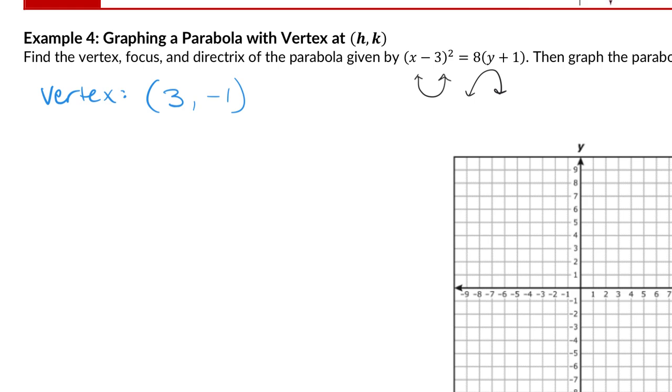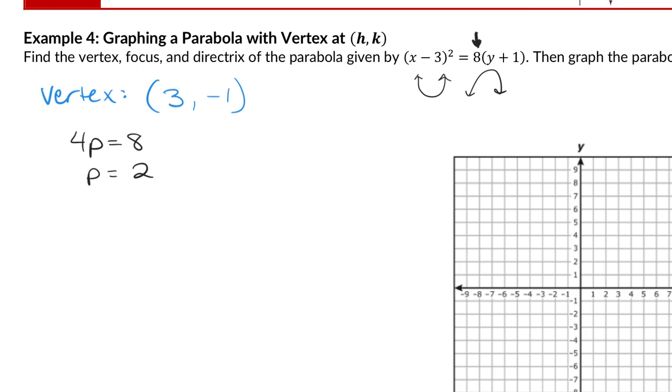So h is with x, k is with y. Now, being that this is something kind of crazy, we still find our p-value from this number right here. If this number is 8, that means that 4p is equal to 8. So what's p?